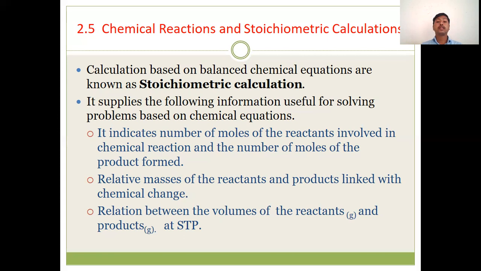Then the next point is the relative mass of that reactant and the relative mass of that product which are linked with each other with a chemical change. Then the relation between the volume of that reactant and product at STP. The STP stands for standard temperature and pressure.